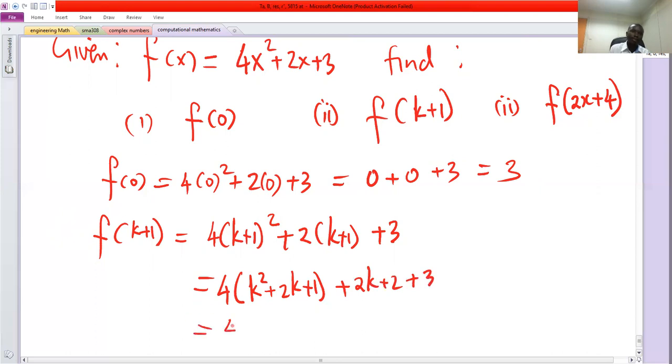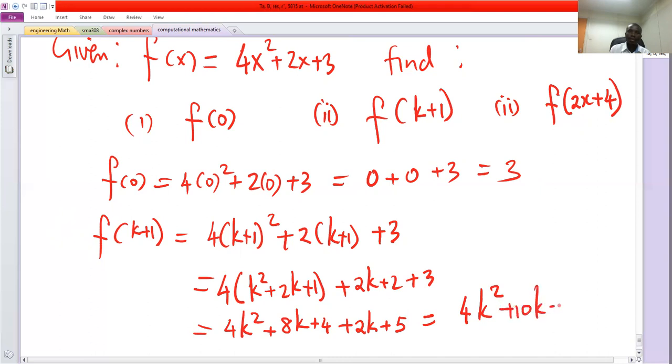And opening will give you 4k squared plus 8k plus 4 plus 2k plus 5. So which will just be 4k squared, 2k plus 8k is 10k, and then plus 9.